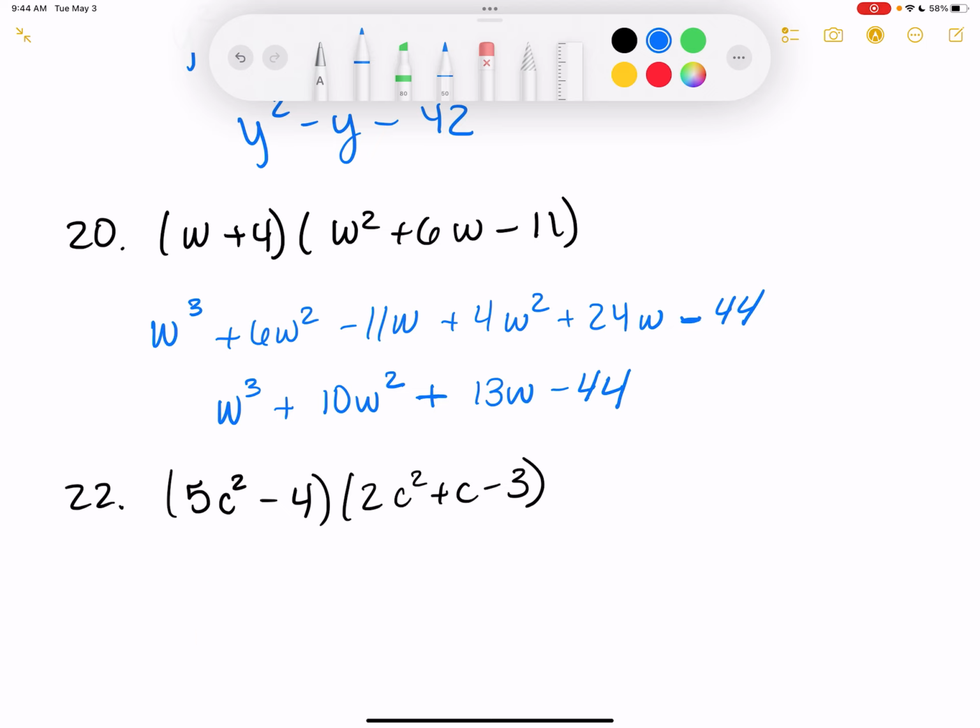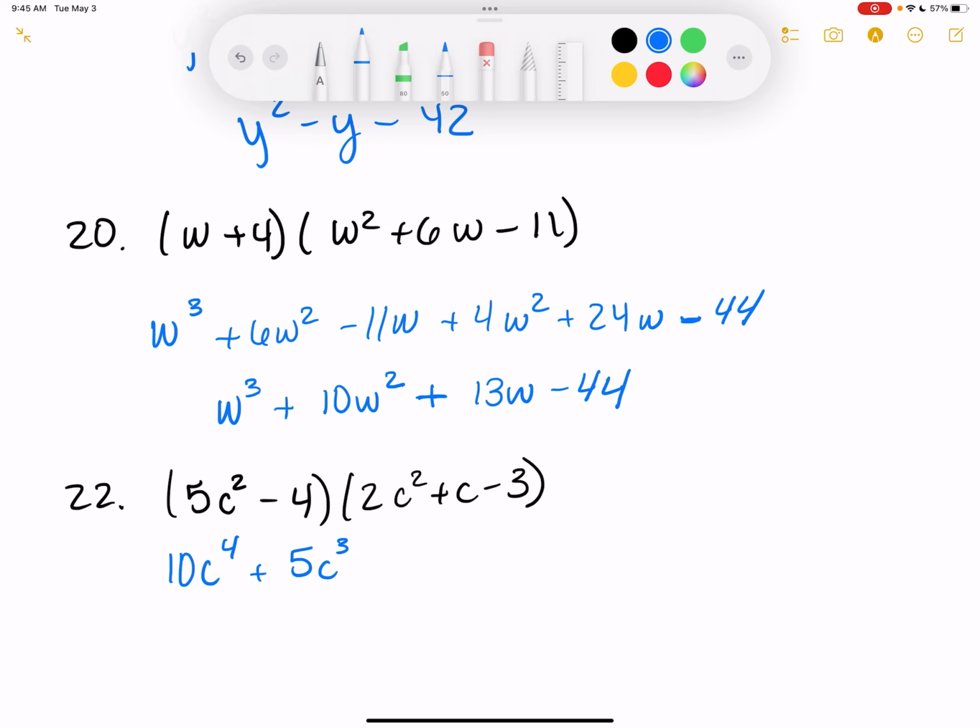All right. Okay, 10C to the 4th power. Plus 5C cubed.